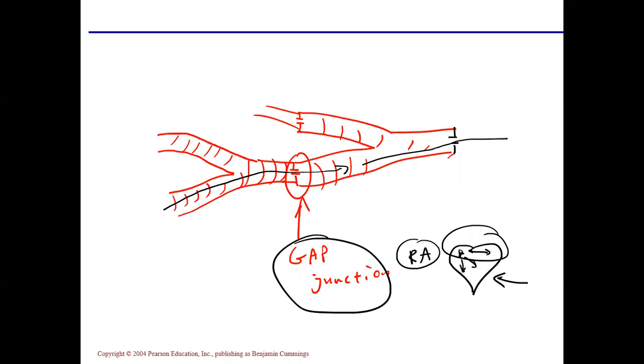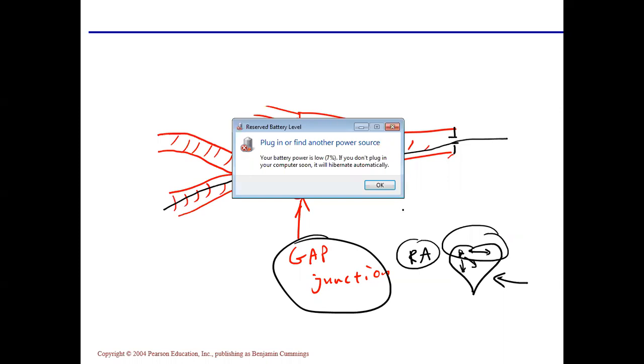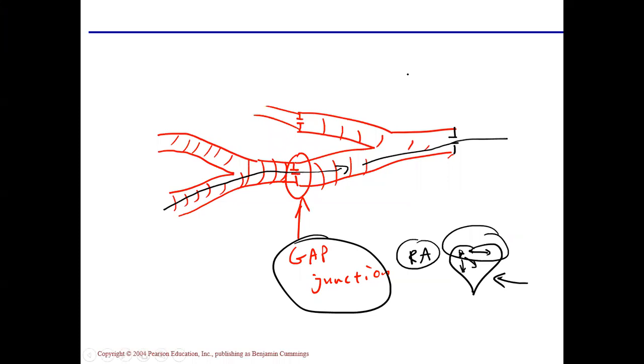because they have a space in between them, and electrical impulses are very, very fast. So what I'd like you guys to know are two kinds of cells, all right? One type of cells in the heart that are actually right over here, all right?